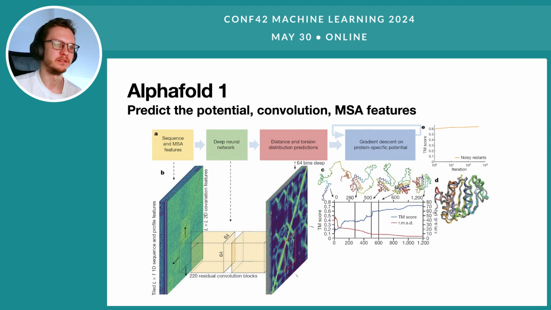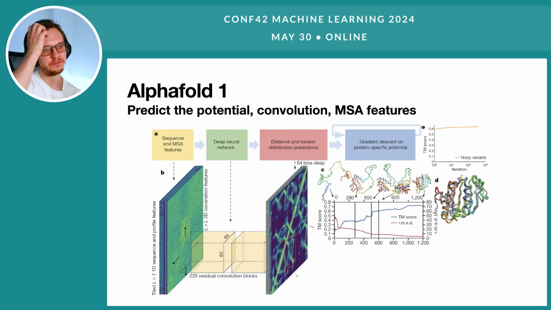That matrix in the middle can be treated as a distribution over distances between the atoms. You can see the diagonal has a green color to it. That means those atoms are close together, but some of the other atoms are close together as well, and they are not adjacent in the sequence.